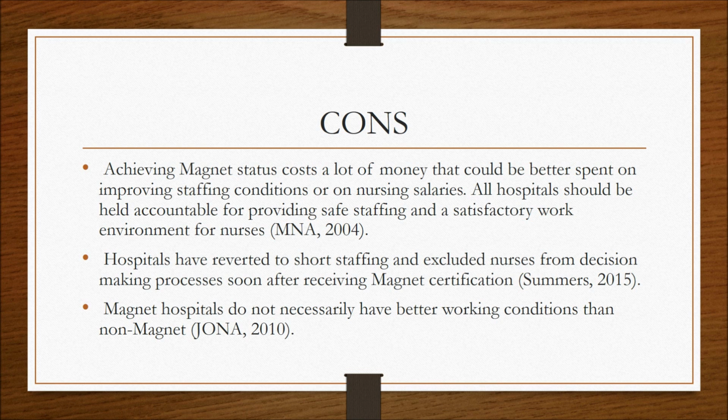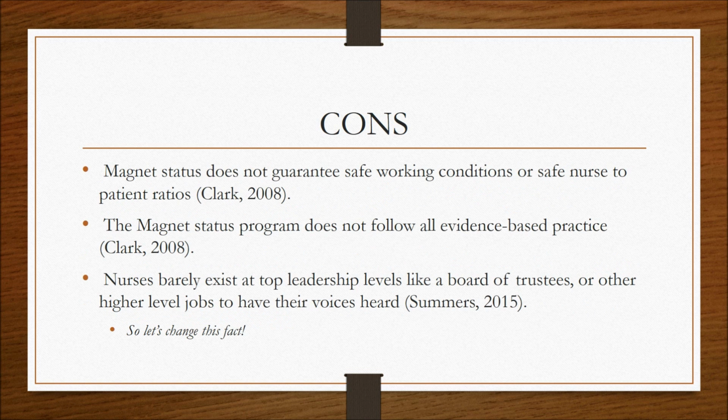Hospitals have reverted to short staffing and excluded nurses from decision-making processes soon after receiving magnet certification. Magnet hospitals do not necessarily have better working conditions than a non-magnet hospital. Magnet status does not guarantee safe working conditions or safe nurse-to-patient ratios.